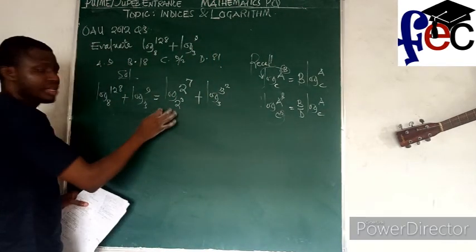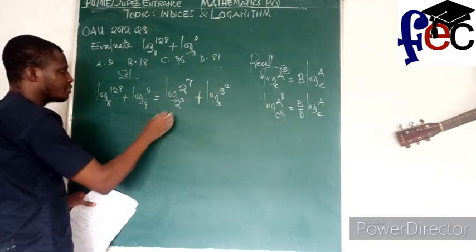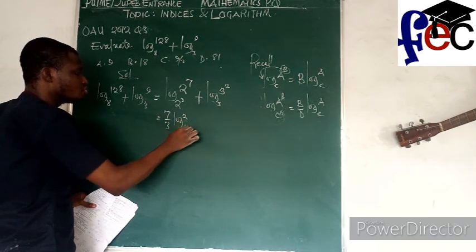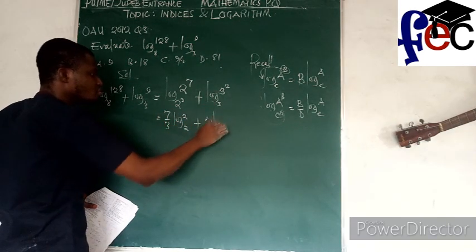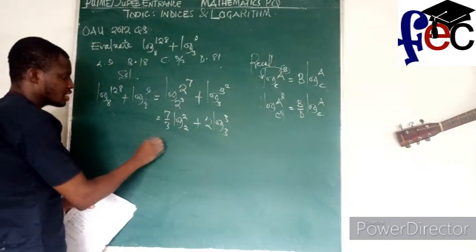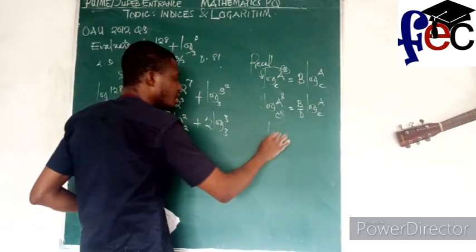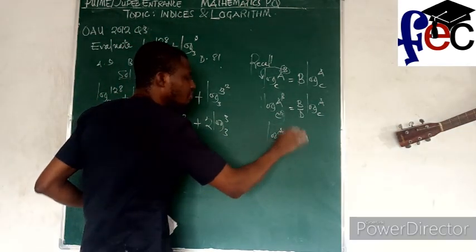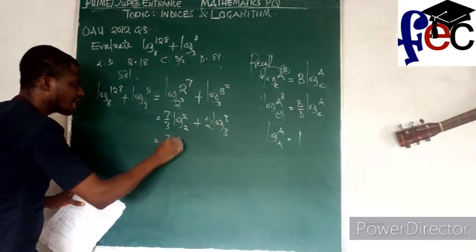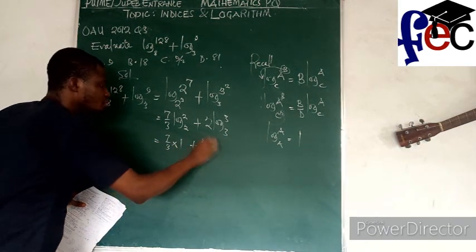The same way, this is going to become 7 over 3 log 2 base 2, plus this will become 2 log 3 base 3. So that this will now become, what is log a base a going to give you? You remember it is 1. The same way, 7 over 3 times 1 plus 2 times 1.